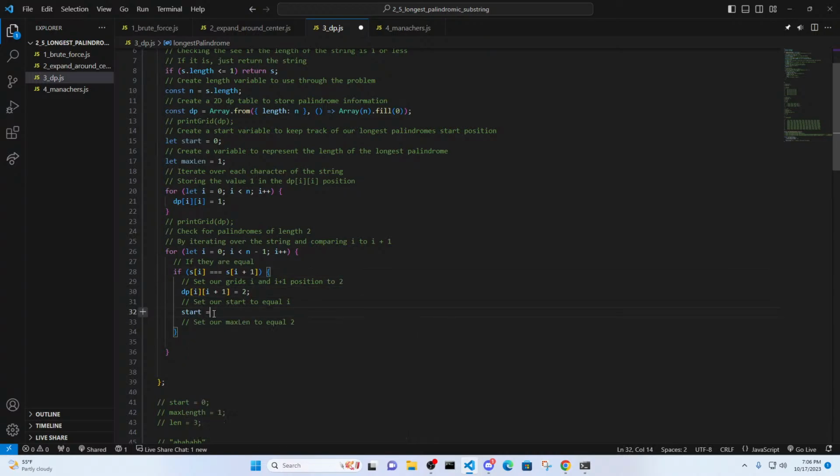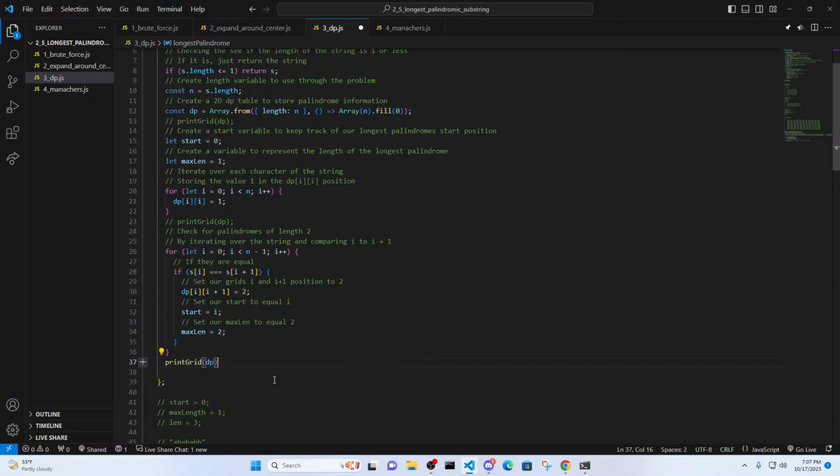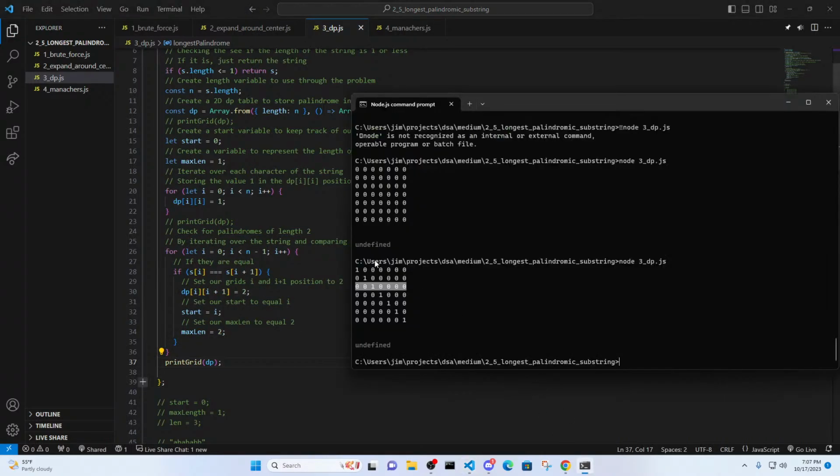Then we'll set our start to equal i, because wherever we catch that double, that's the index where our palindrome starts. And then we're setting our max length to 2, because any palindrome we find within this for loop is going to be of length 2. And then if we go ahead and run print grid on our DP grid, like you said.